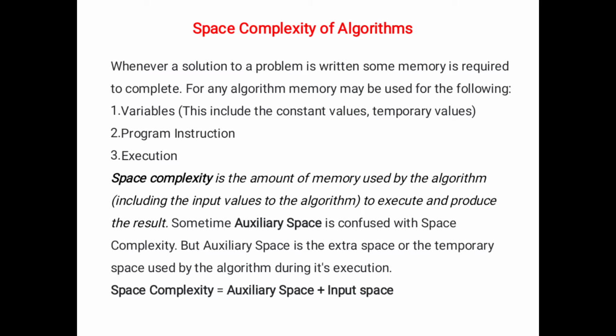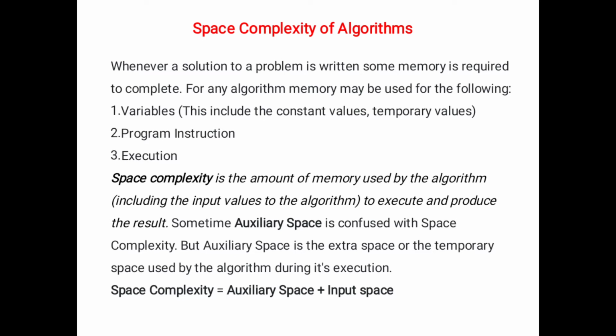So it is the amount of memory used by the algorithm to execute and produce the result. The input values may be different, and all values use space. After calculation, storing the information, and completing the processing, we get the result. All functions do their action based on the size of the memory.